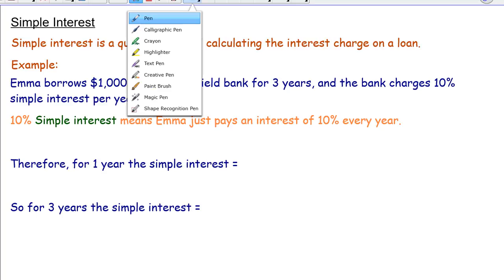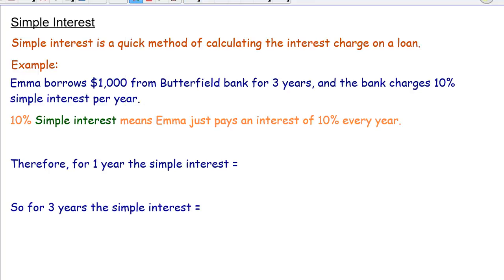So she borrows $1,000 from the bank for 3 years. Now, the bank charges 10% simple interest.